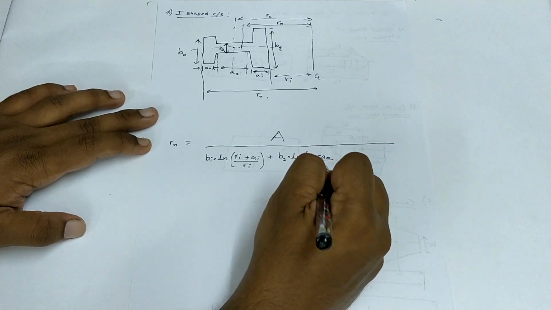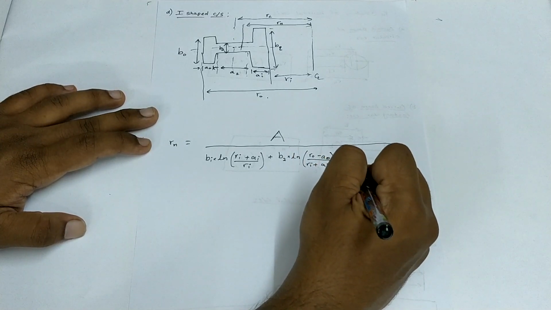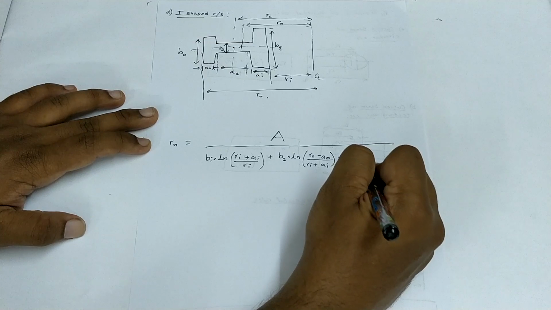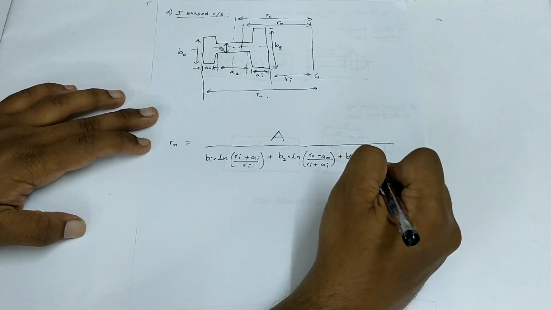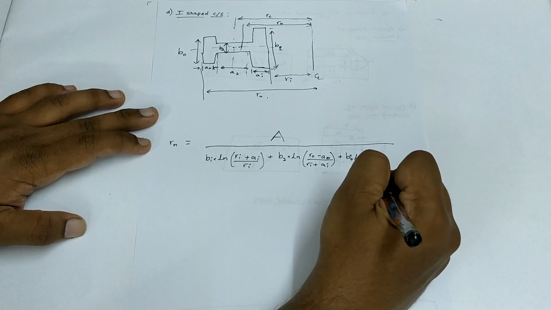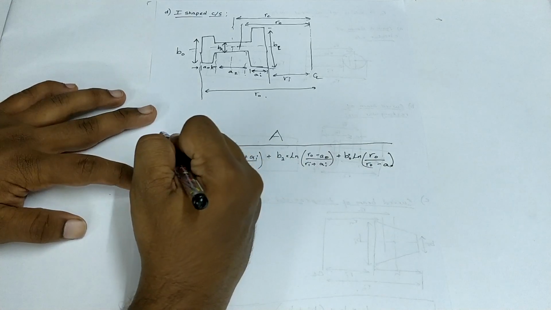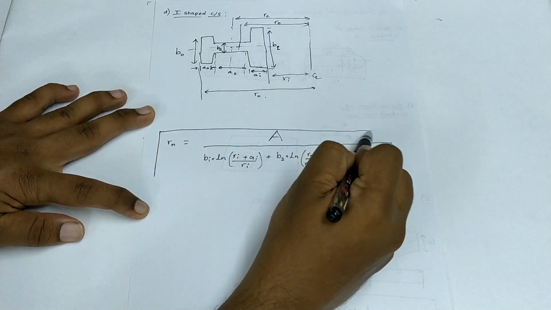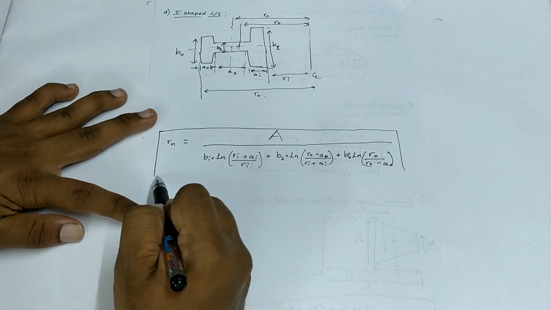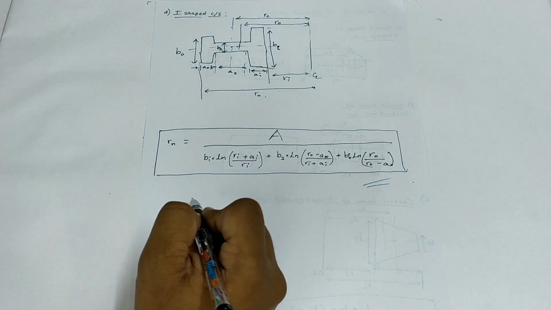Now put the whole thing in brackets, plus Bo into natural logarithm of Ro divided by (Ro minus Ao). So that's the final expression for the radius of the neutral axis of a curved beam with an I-shaped cross section.